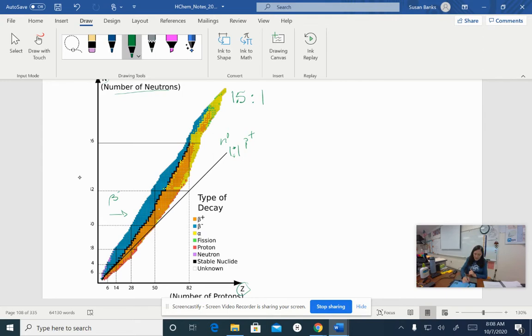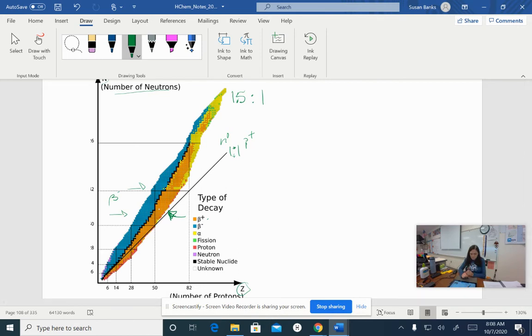And that's why it is all blue on this area over here. Notice the black line here is where it is stable. But here on the other side, where we don't have enough neutrons, we will go by positron emission, where we turn a proton into a neutron.